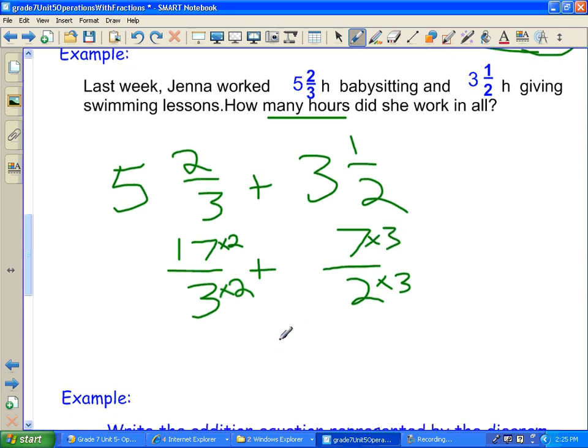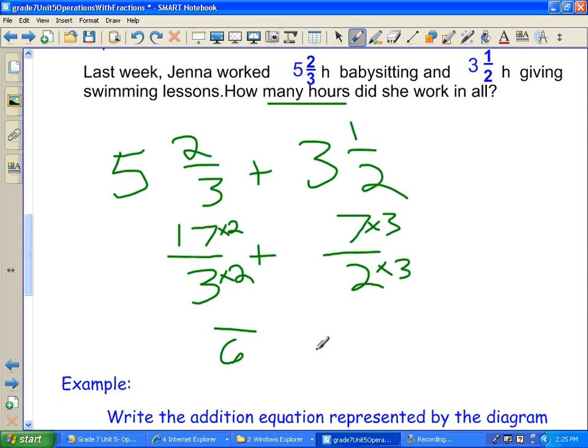And that'll make both of my denominators out of 6. 2 17s are 34. 3 7s are 21. Add them up all together, and I will end up with 55 out of 6.